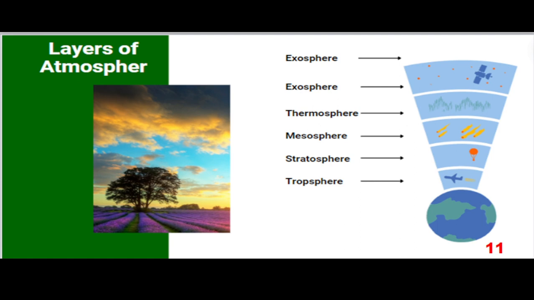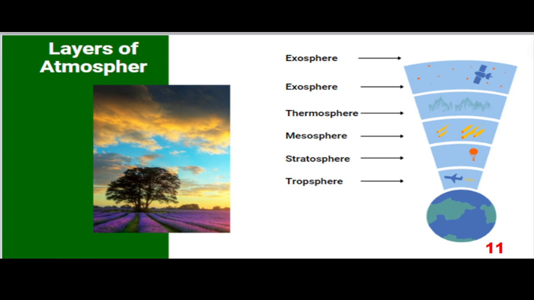Solar heating makes air masses less dense, causing them to rise. As air masses rise, pressure decreases, expanding and cooling them, leading to water vapor condensation or solidification, releasing latent heat that further uplifts the air masses.